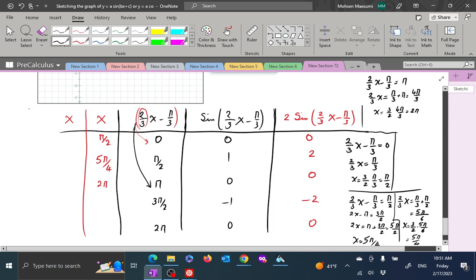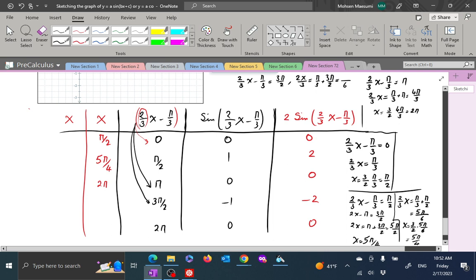We have to do 3 pi half. So let me put it here. 2/3 of x minus pi third is 3 pi half. So that means 2/3 x is pi third plus 3 pi over 2. Take my common denominator 6, 2 pi, and 9 pi.